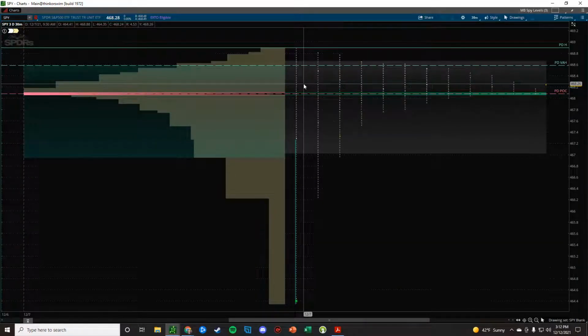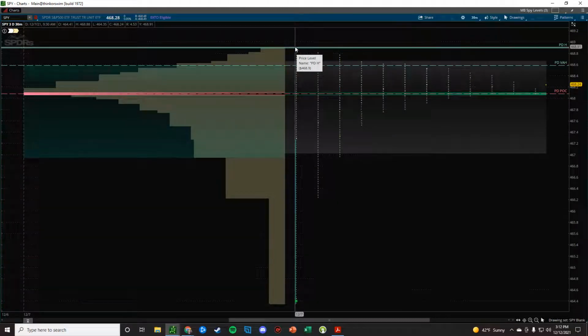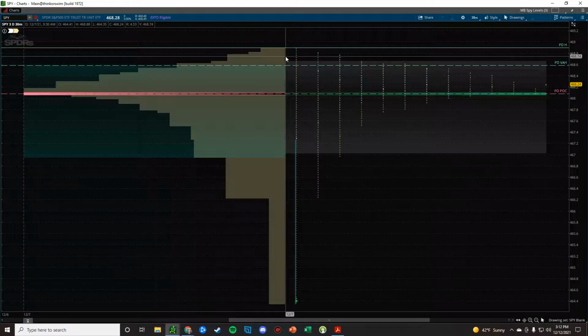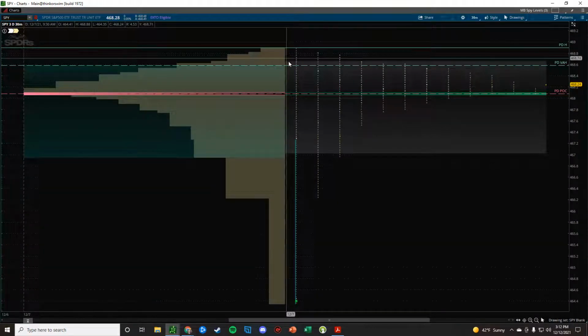So I did want to touch on each of these as we went through them, and I kind of forgot to do that until we got to the point of control. So the first thing we do is we mark out our previous day high. The reason we do this is we want to know where the extreme was set for the previous day's market. So if we gap up above this, we know that some of the information overnight may have changed.